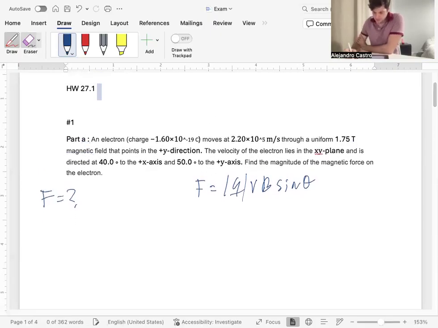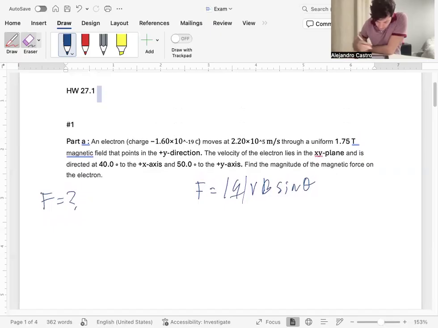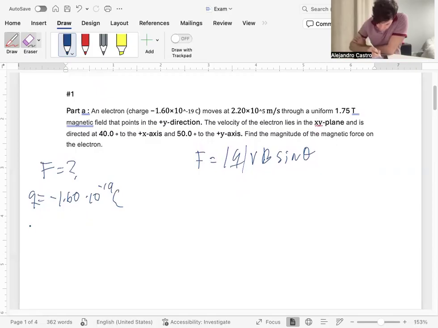Okay, let's find out all the information that is given to us. Electric charge is given to us. V is also given to us.